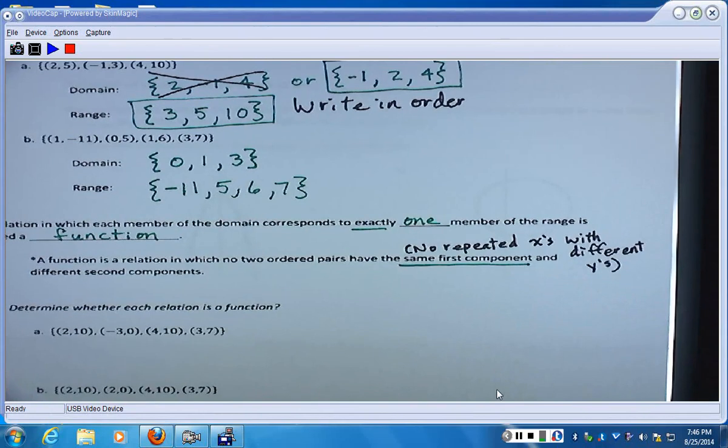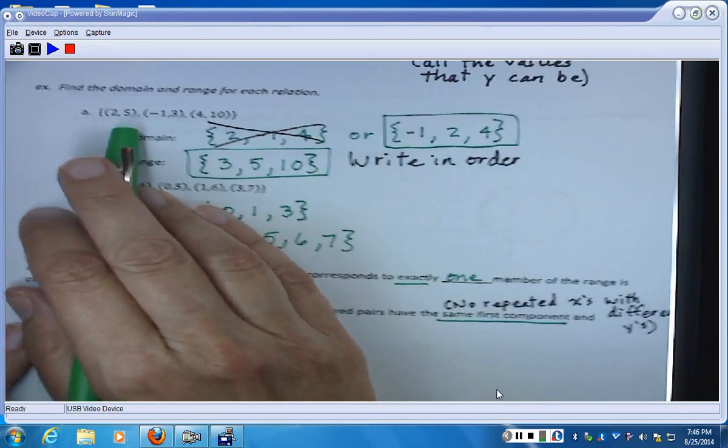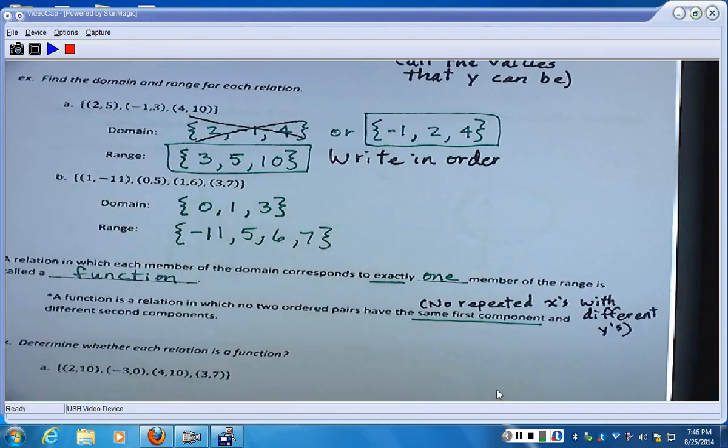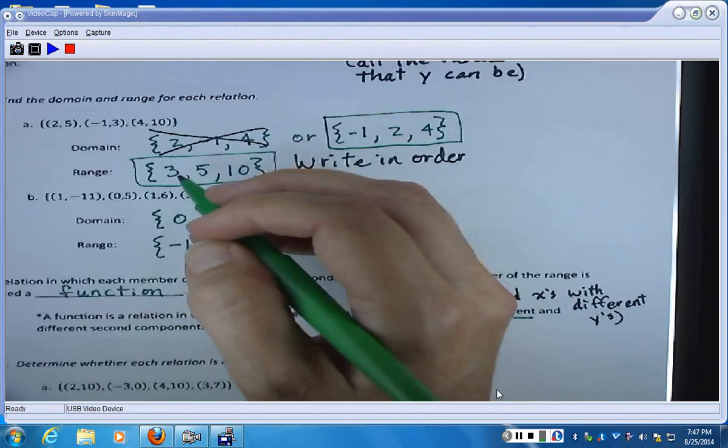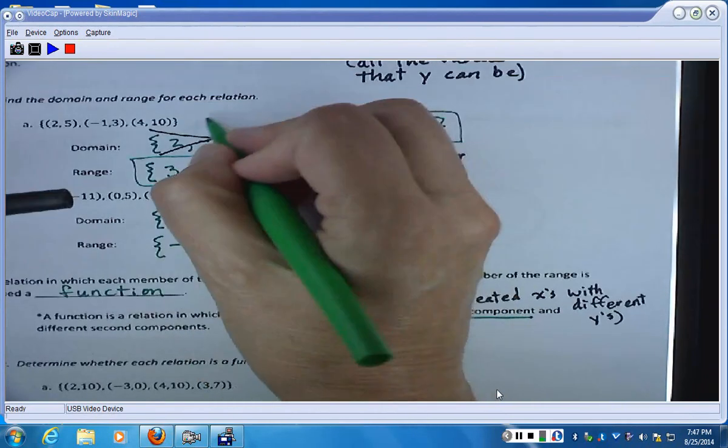Okay? Alright, so this up here is a function. Yeah, it's sideways. This is a function.